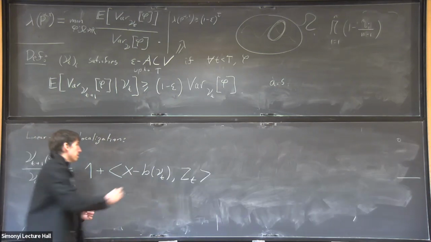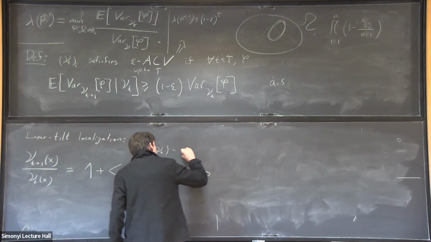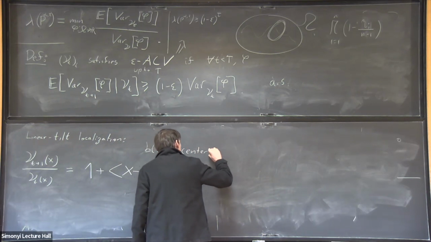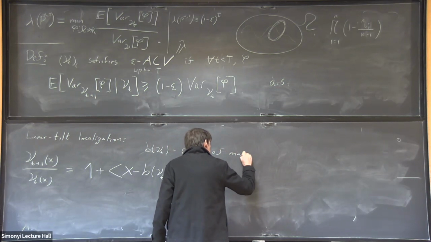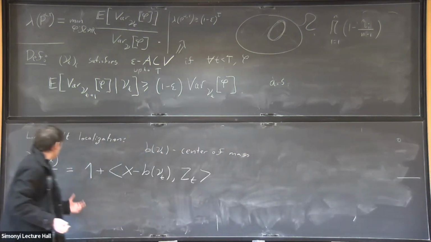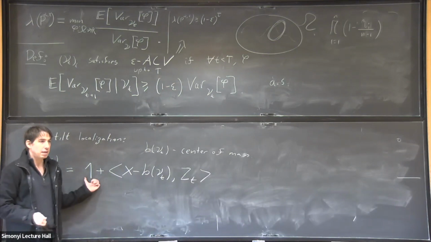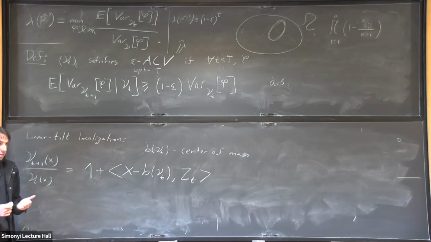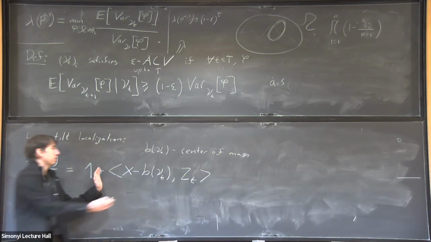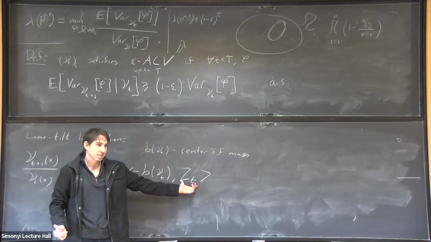What's written here is the following. B of nu t is just the center of mass. To get from the measure at time t to t plus 1, I multiply by a linear function, which is equal to 1 at the center of mass. By doing that, I'm not changing the total measure. The integral of only this part, no matter what zt is, is 0.